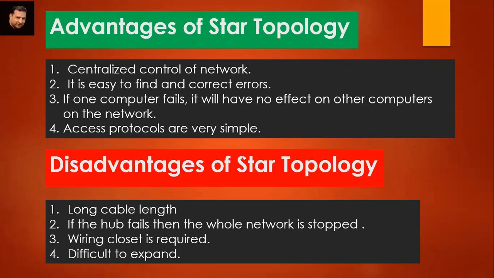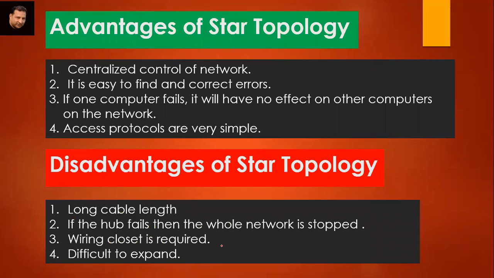But we have some disadvantages, like long cable length. So it will cost a lot. If the hub fails, then the whole network is stopped. A wiring closet is required because there are so many wires. Yesterday also I showed you some images.